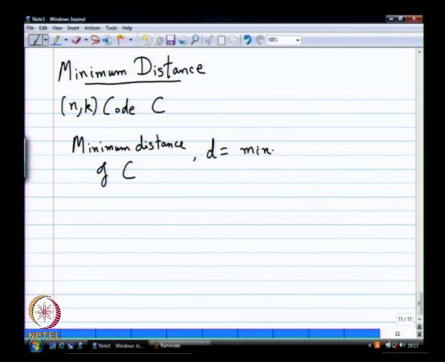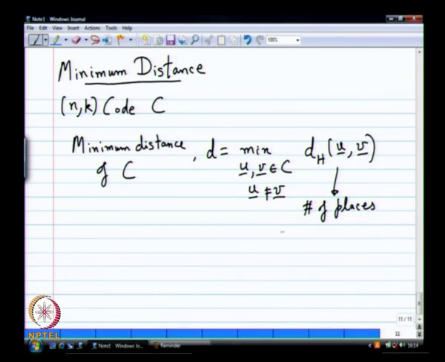Minimum over u, v in C, u not equal to v, of what is known as the Hamming distance between u and v. What is dh of u comma v? dh of u comma v is the number of places in which u and v differ. This is the definition.